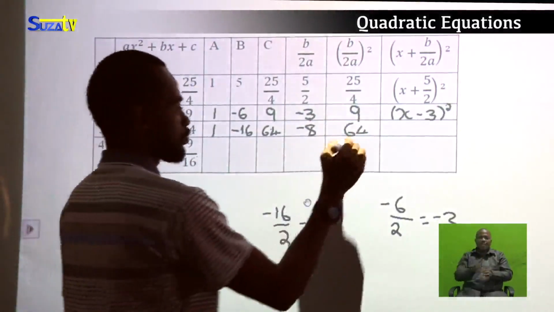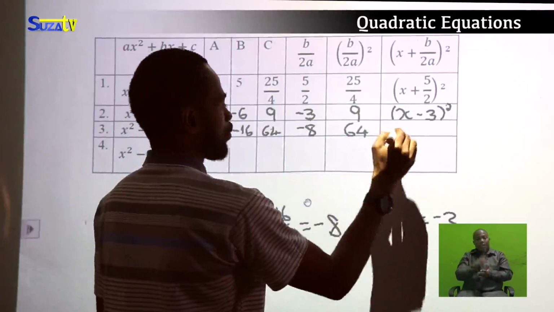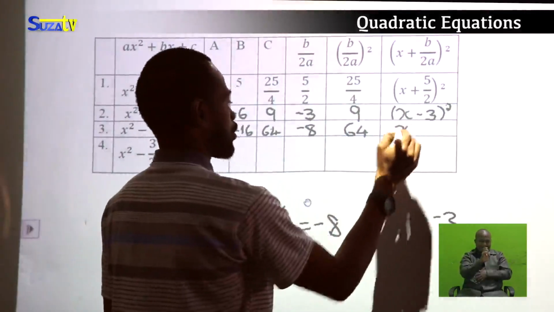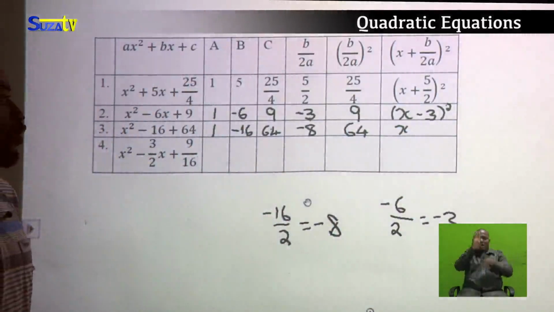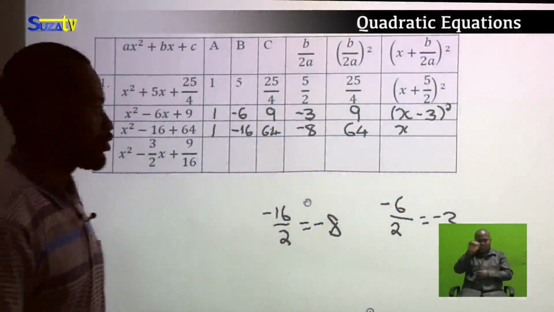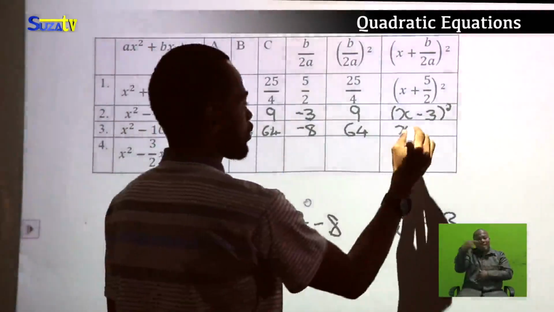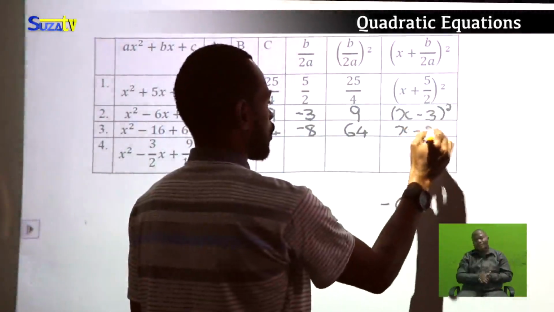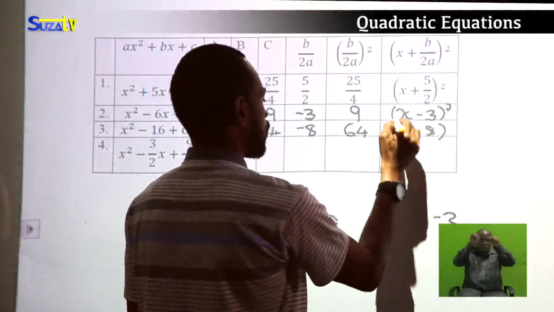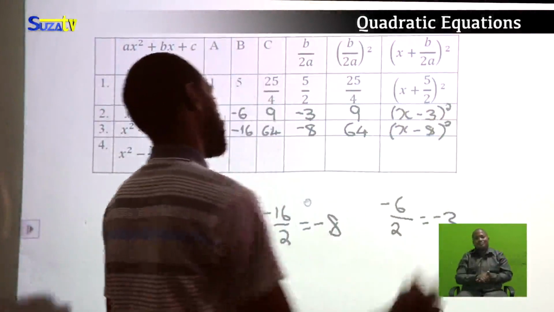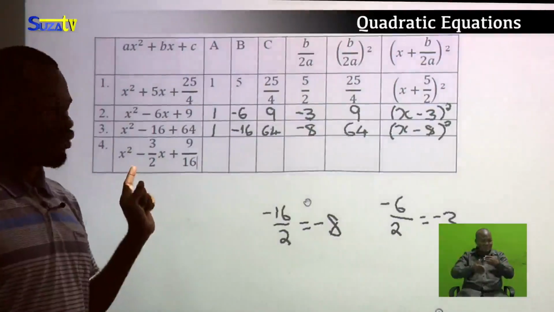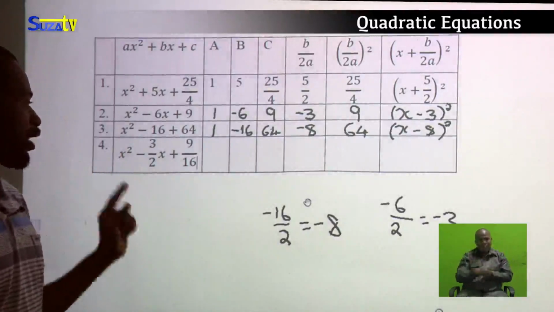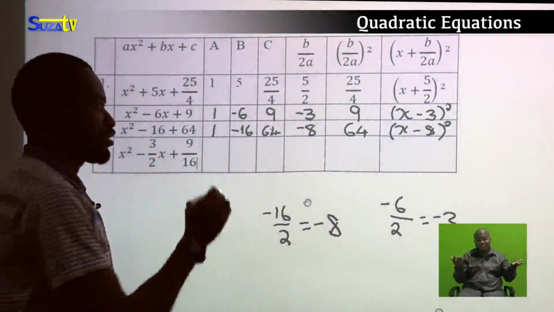And finally, we have the expression x plus b over 2a, which is equal to negative 8. So x minus 8, the whole thing squared. Now we have the last expression here, question number 4. The value of a is 1.